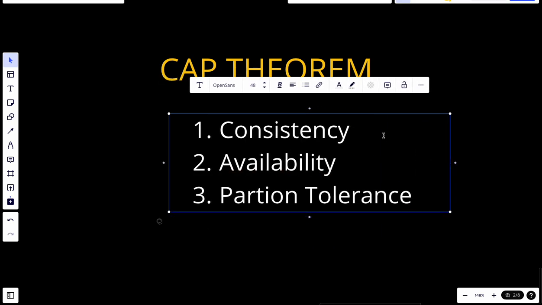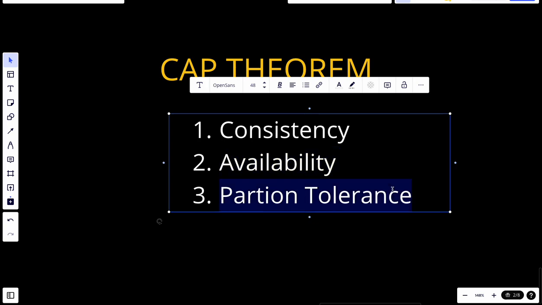What does this mean? Consistency means all clients see the same data at the same time, no matter which node they are connected to. Availability means any client which requests data gets a response even if some of the nodes are down.